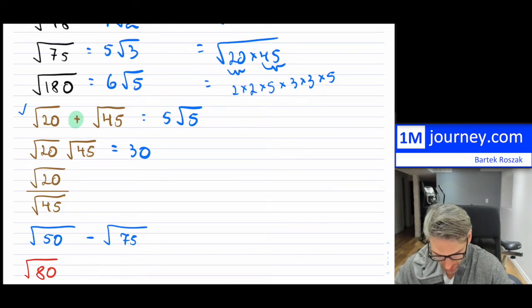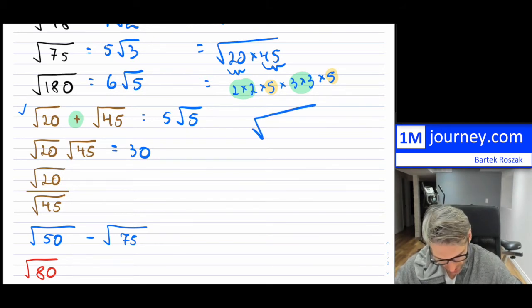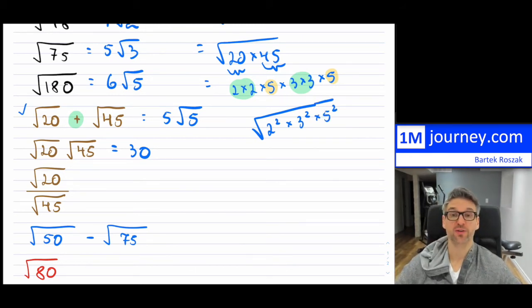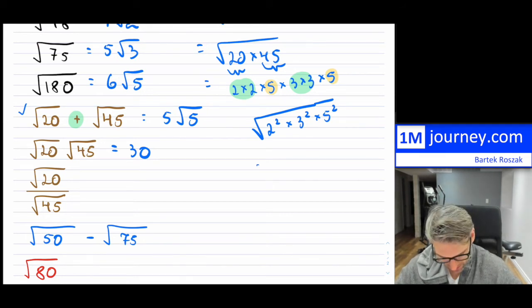What you have is all pairs, two 2s, two 3s, and then your 5 times 5. So underneath this radical, you have 2 squared, 3 squared, and 5 squared. And if that's the case, the square root of that is simply 2 times 3 times 5, which is 30.